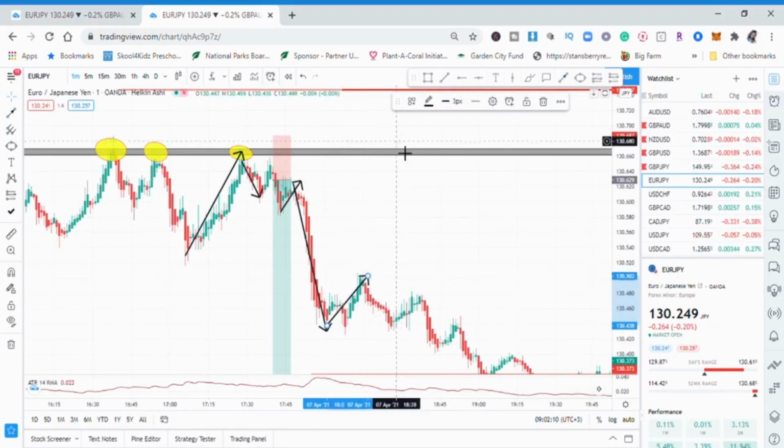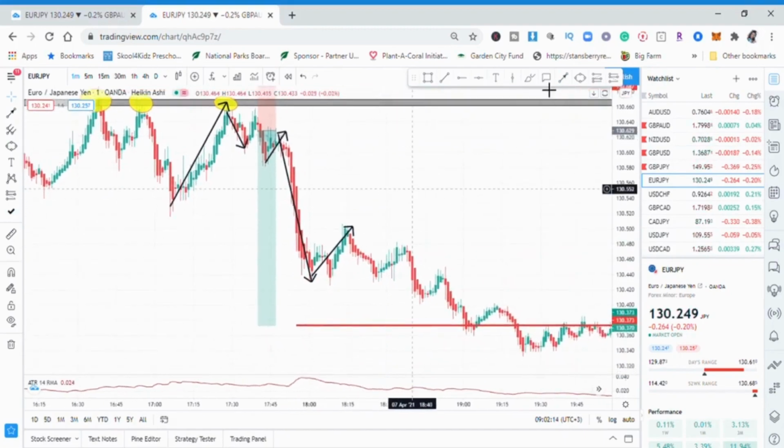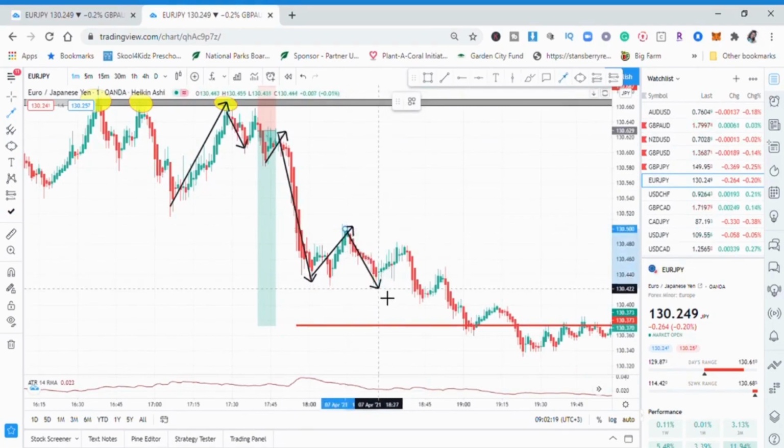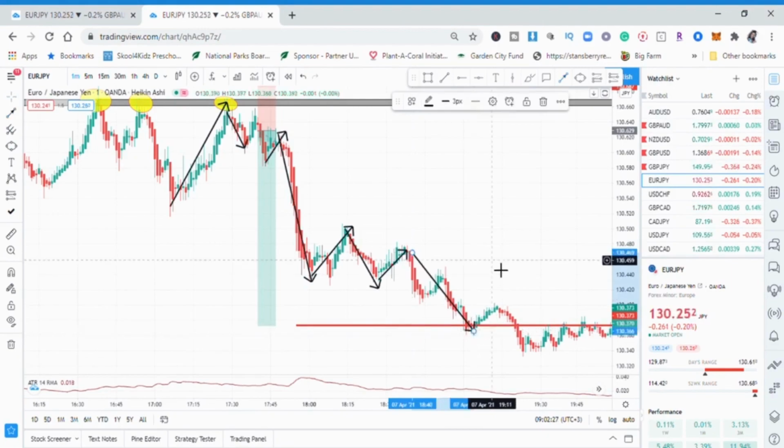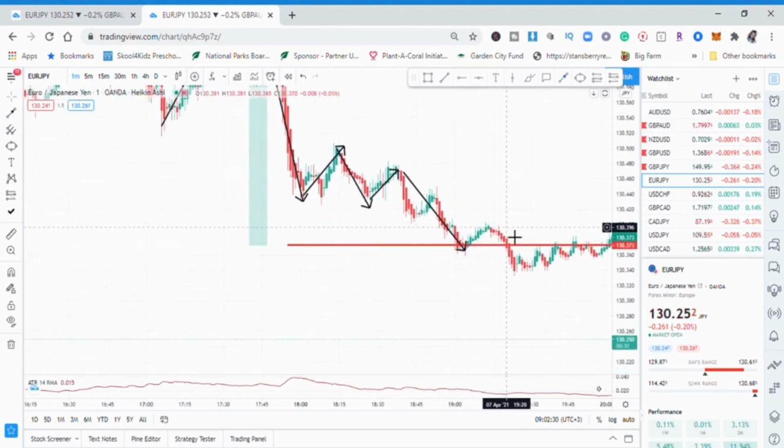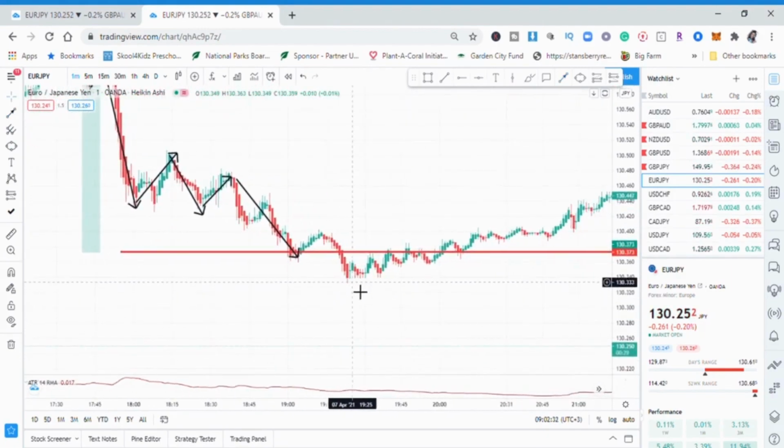So the buyers are trying to come in the market. They are creating low highs, and that is why our confidence is coming, because this is price action. The buyers have been defeated. So because we are on the sell, all we need to see is that the sellers are continuing to create low lows and low highs.